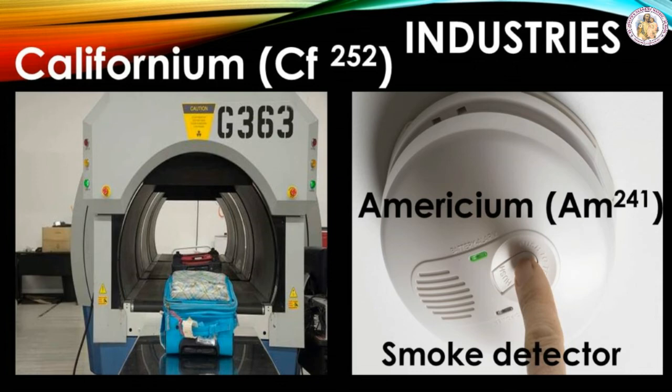Gauges which have radioactive sources are used in many industries to check the level of gases, liquids, and solids. An isotope of californium, Cf-252, is used in the airlines to detect explosives in the luggage. An isotope of americium, Am-241, is used in many industries as a smoke detector.